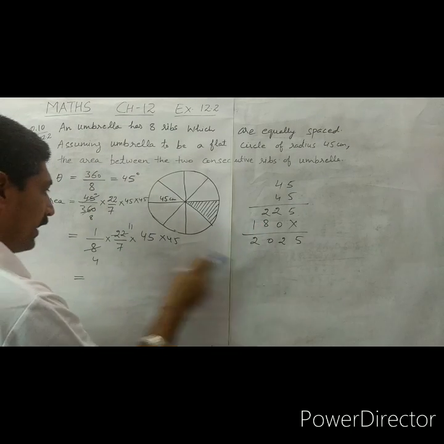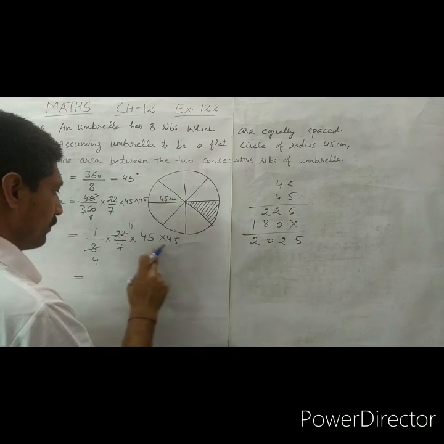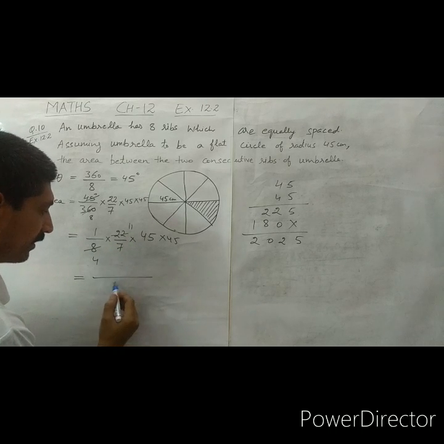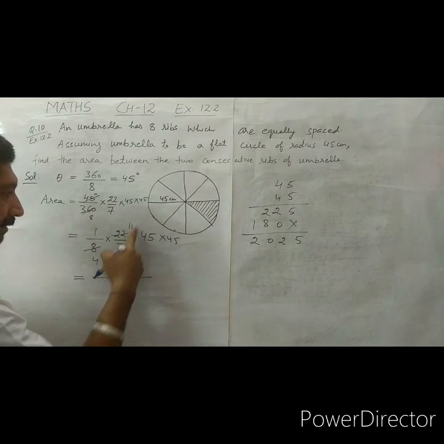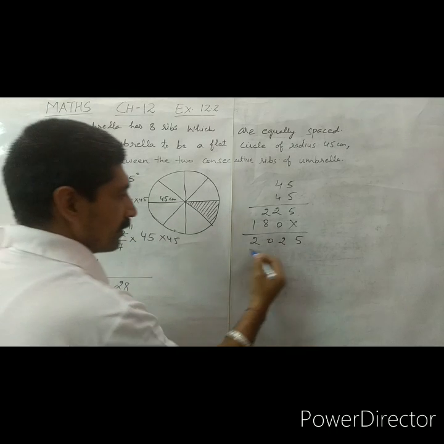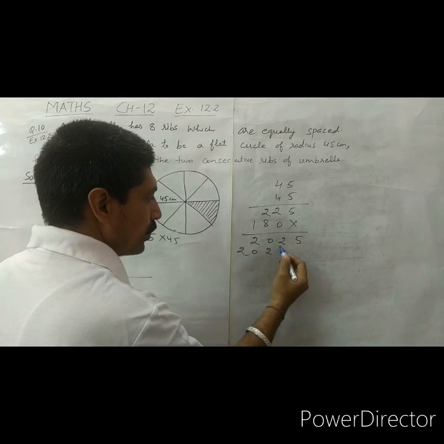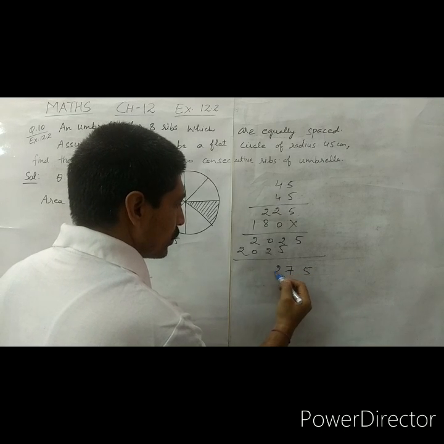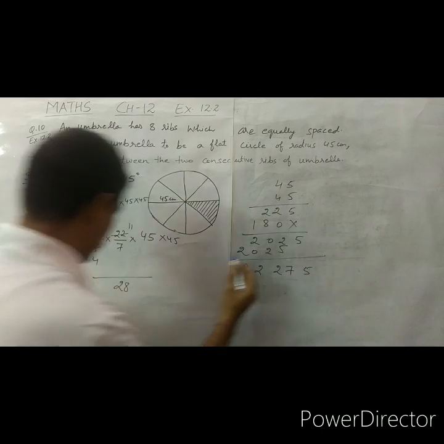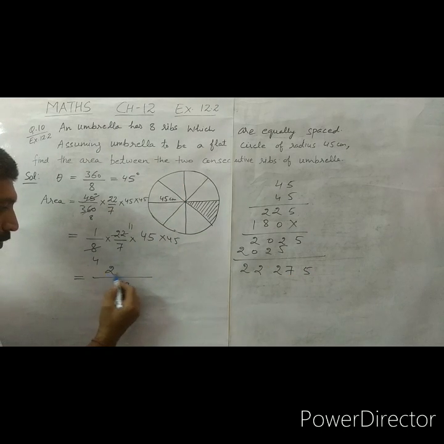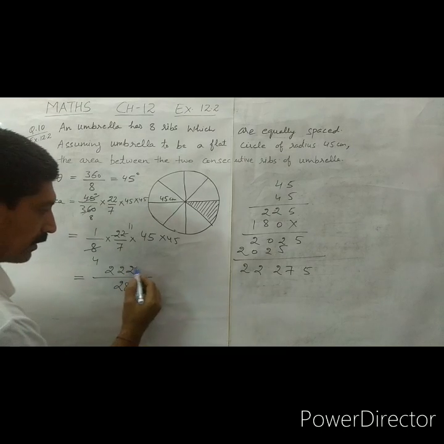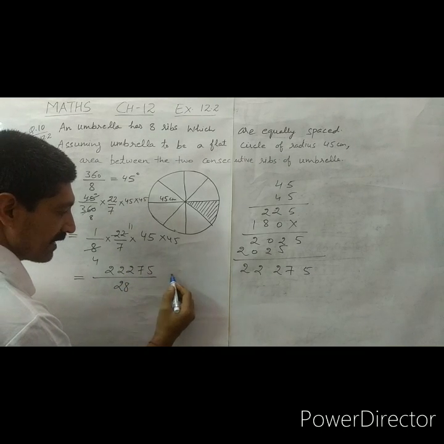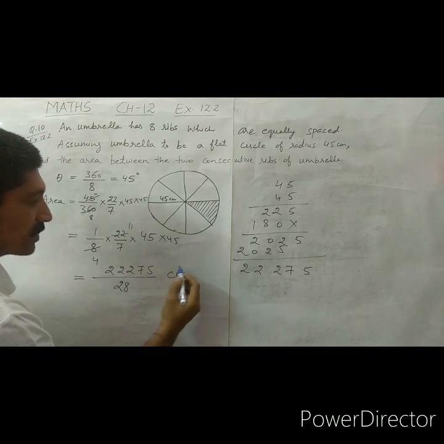So again with 11, because we have 28 in the denominator, and here 11 into 2025, we have 5 7 2, 2, 2. So we have 75 centimeter square.